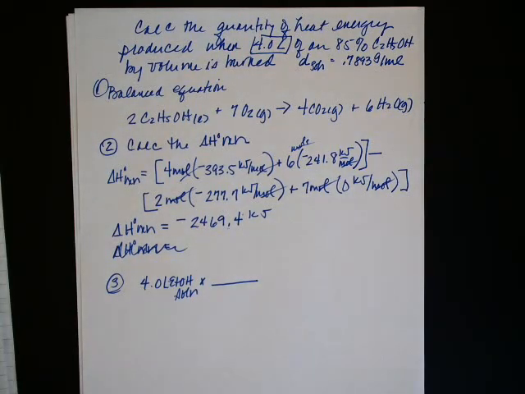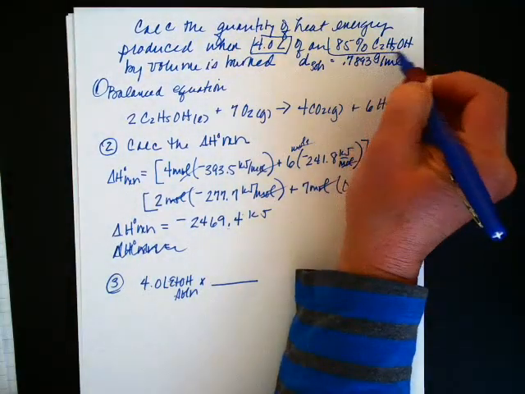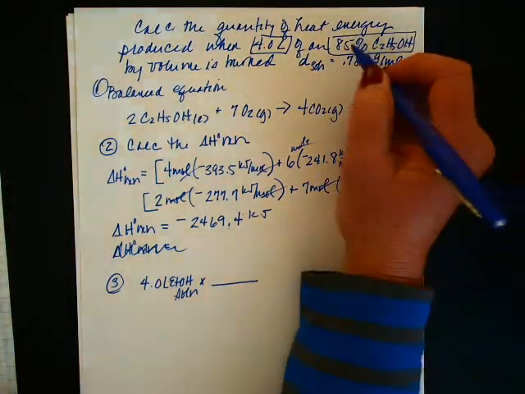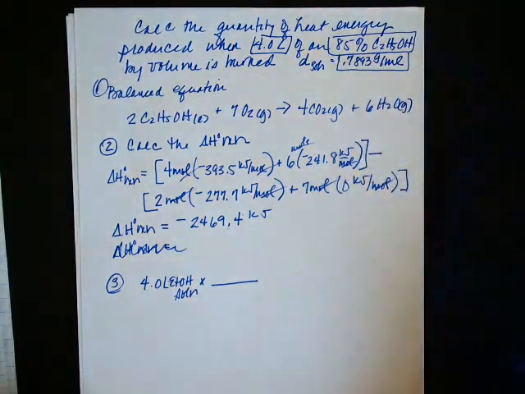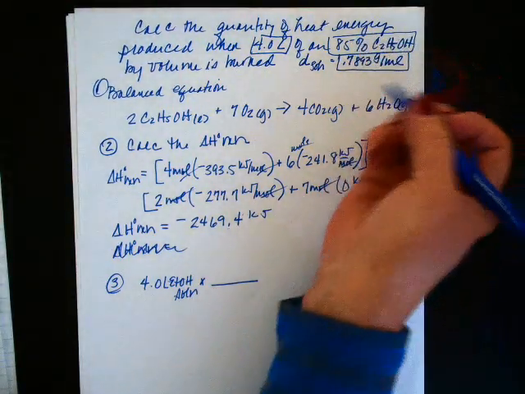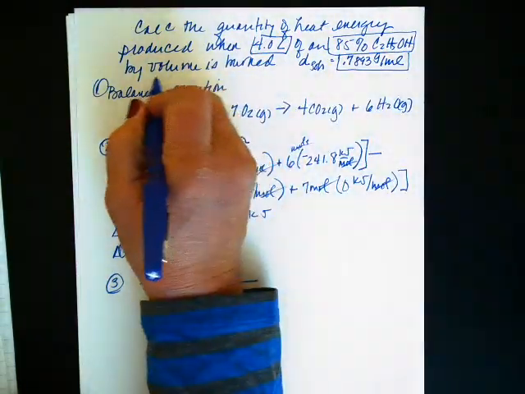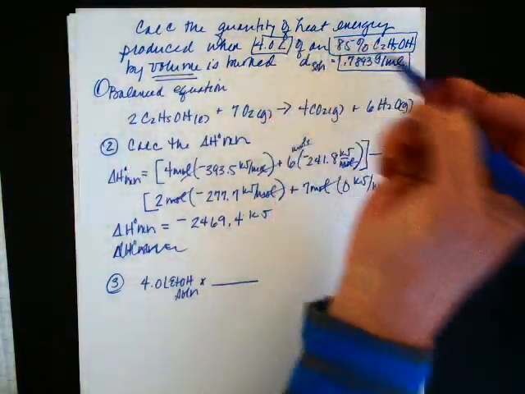Or how many conversion factors am I given? So this percent is a conversion factor and density is a conversion factor. And that percent, I said mass percent, but it's by volume, but you deal with that the same way.